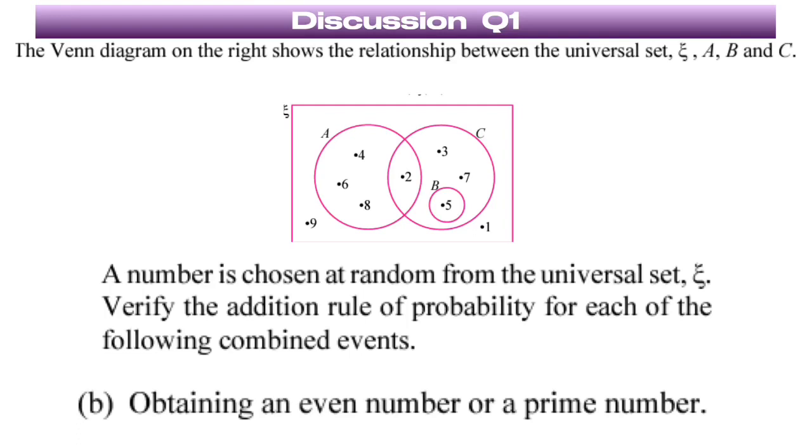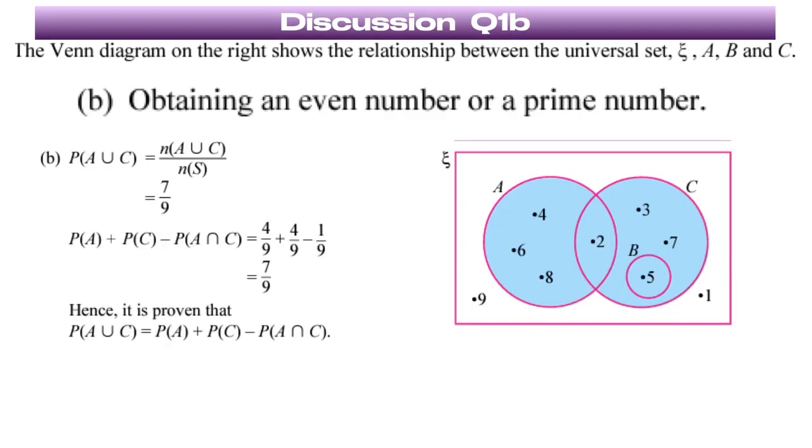For the same question, we will do B, obtaining an even number or a prime number. For this case, the probability of event A or C is equal to the number of events A or C over the number of sample space. So A or C means A union C. There are 7 elements for A union C, so the probability of A union C is 7 over 9.